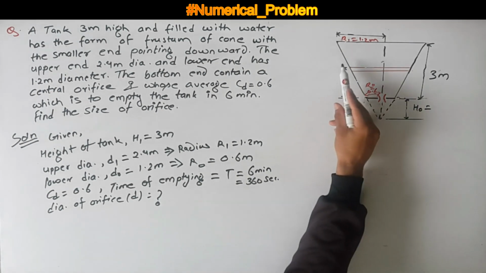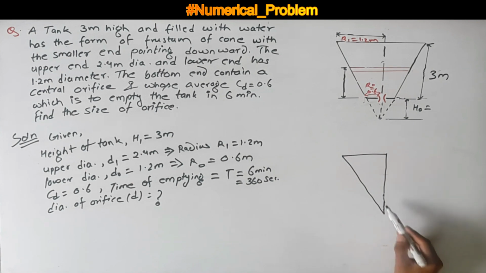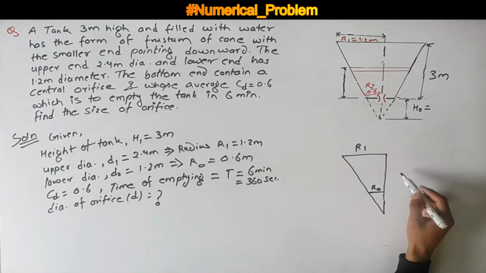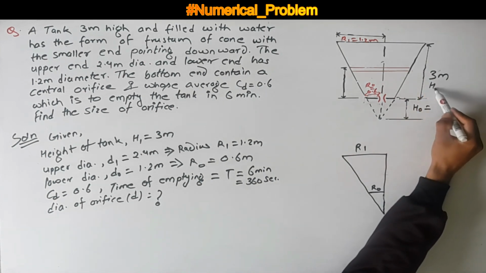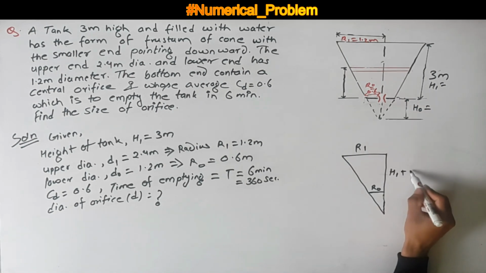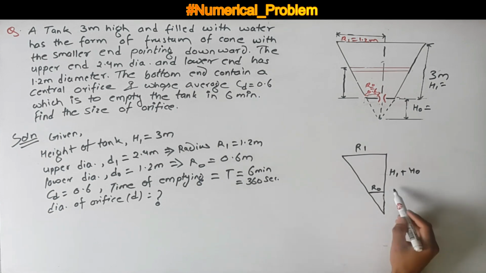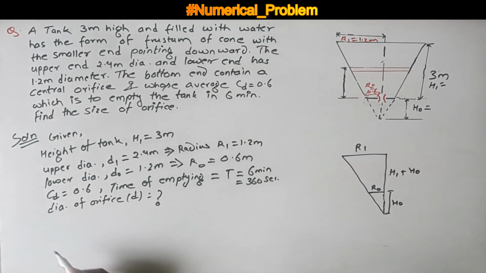We have similar triangles. This is R1 and here is R0, and we have this total height. Total height is H1 plus H0, where H1 is 3 meter. This small height is H naught. So from here we calculate the value of H naught.